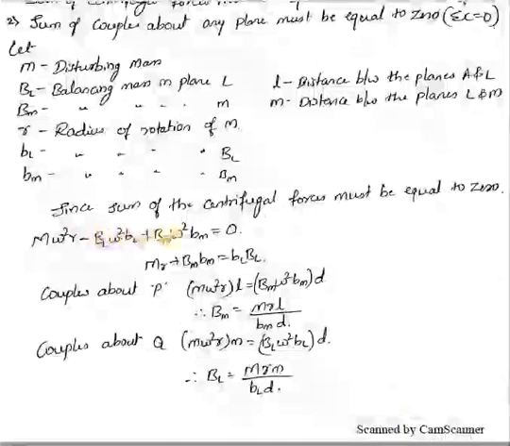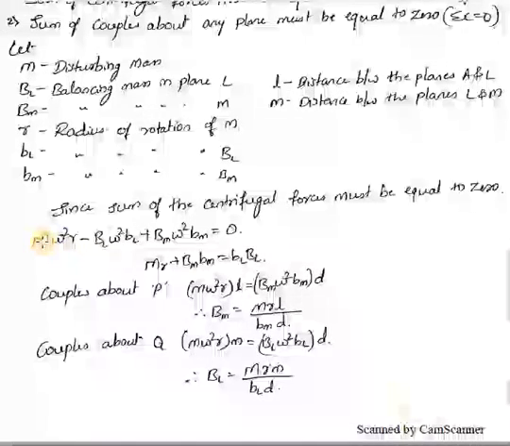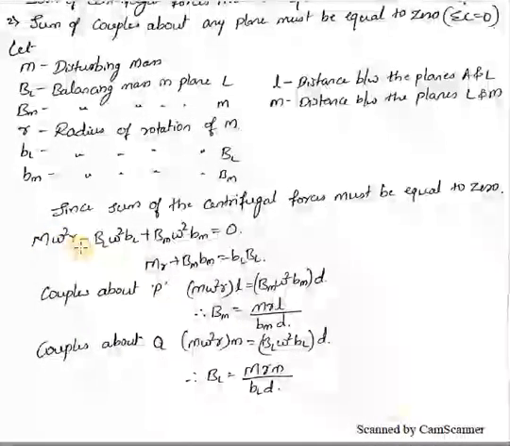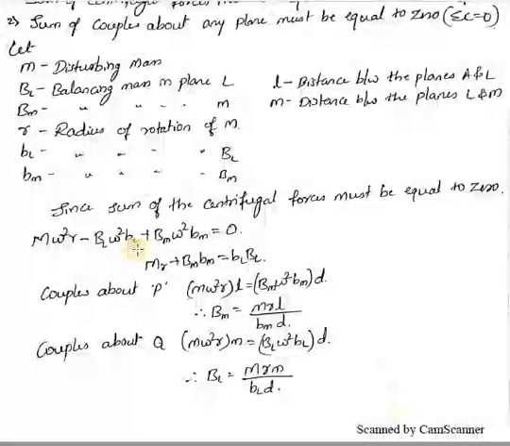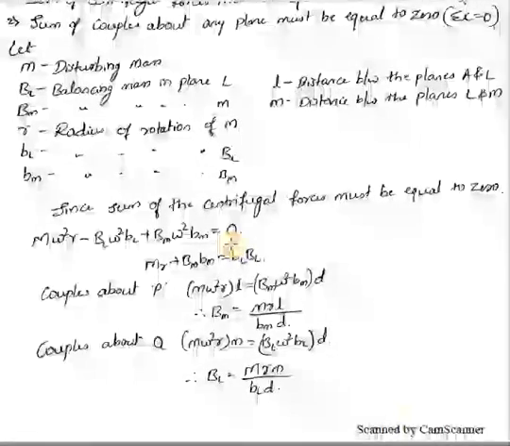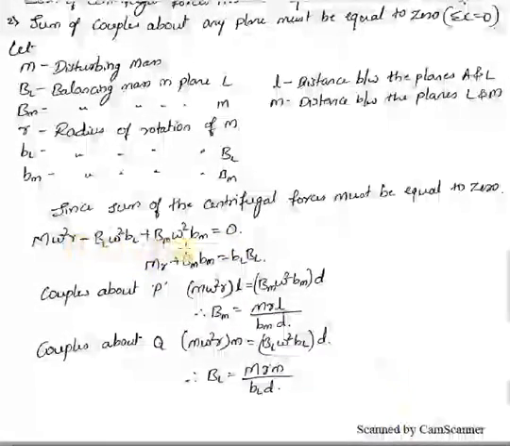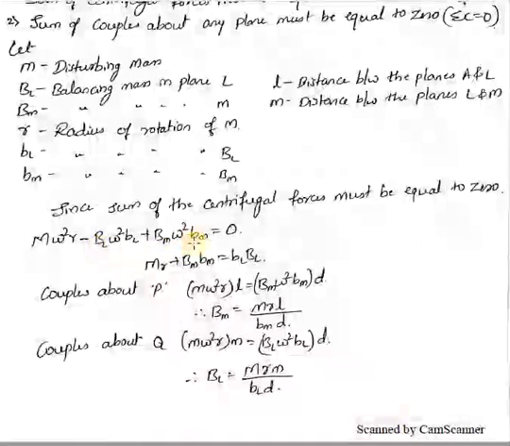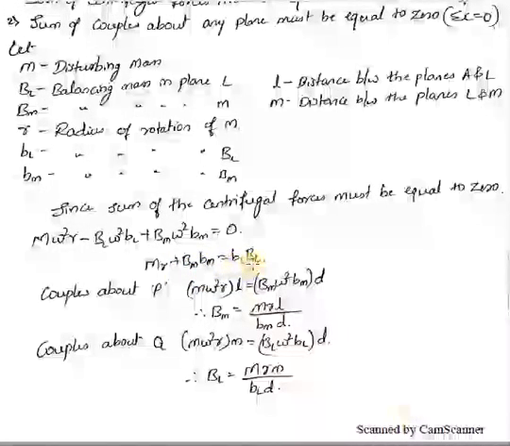There are three centrifugal forces because they are attached to three masses. The centrifugal force due to mass M is M omega square r. Likewise for BL and BM, it is BL omega square bL plus BM omega square bM, which will be equal to 0. Omega square is common everywhere, so cancel it, leaving M r plus BM bM equal to BL bL.